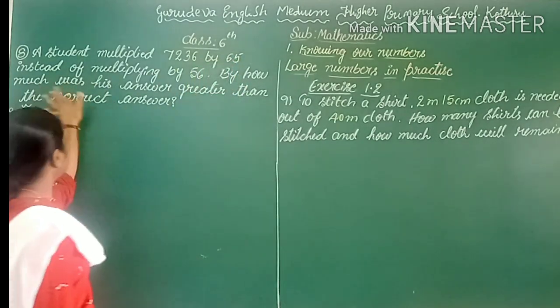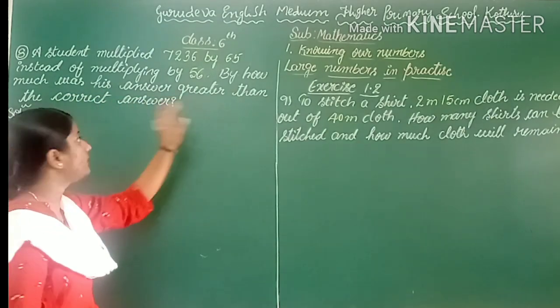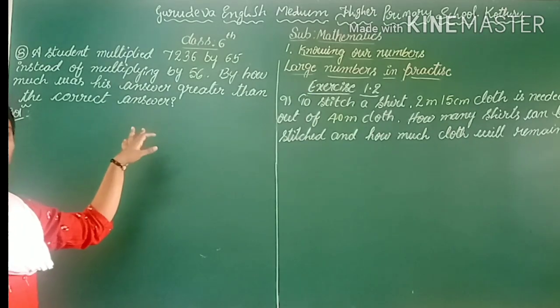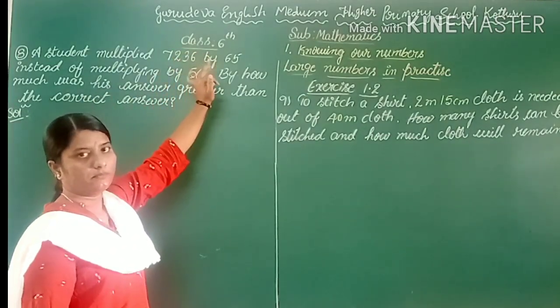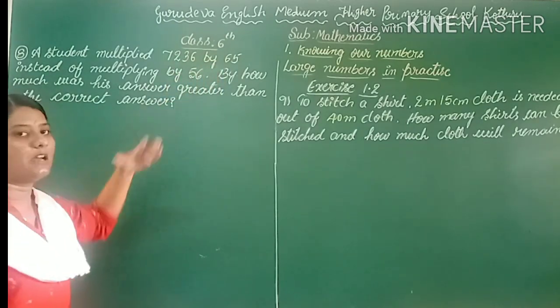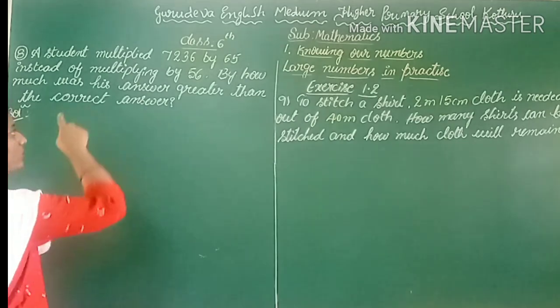So what is the difference, and how much is his answer greater than the correct answer? So we have to multiply these two numbers first and after that subtract the answers. Okay, let's try. First the wrong multiplication.